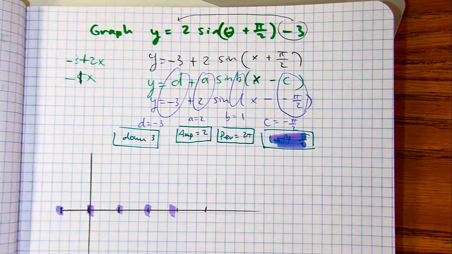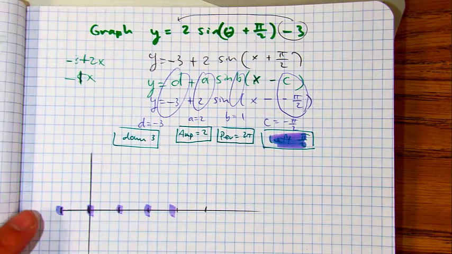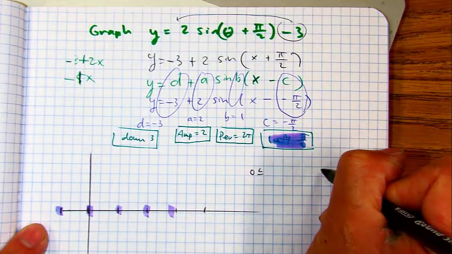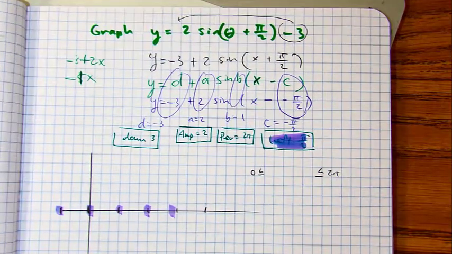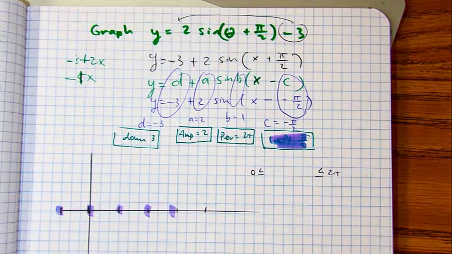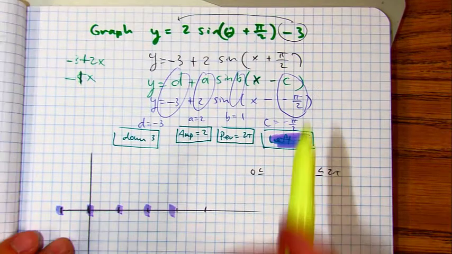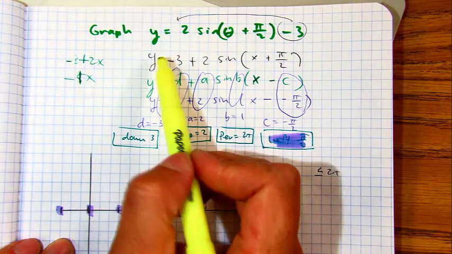Now, because this value has a horizontal or phase shift, you're going to have to put this between 0 and 2 pi. Now, when you move the D value over here, then you just have this right here.